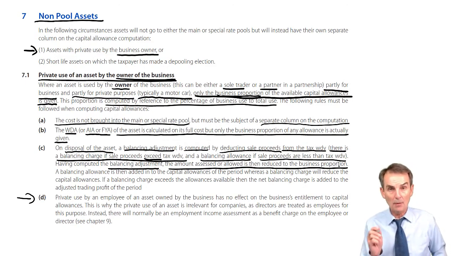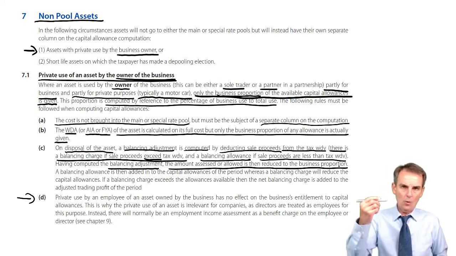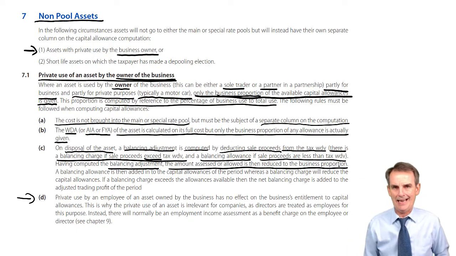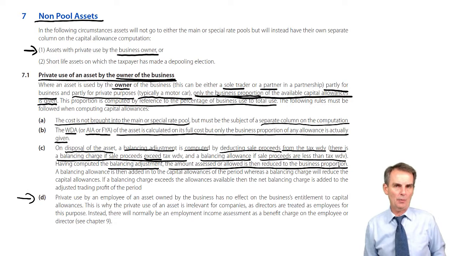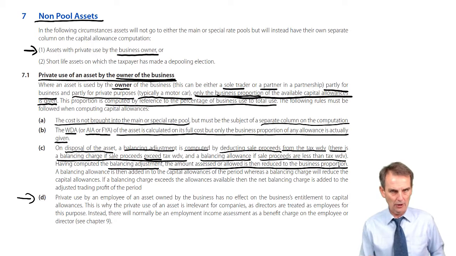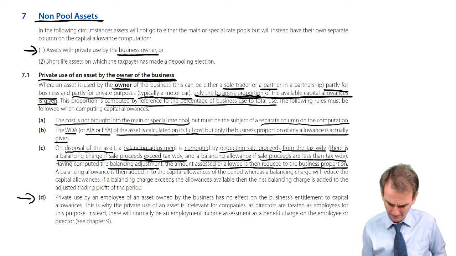We restrict to the business use proportion. While we owned it, any WDA restricted to the business use proportion. When we sell it, any balancing adjustment restricted to the business use proportion.